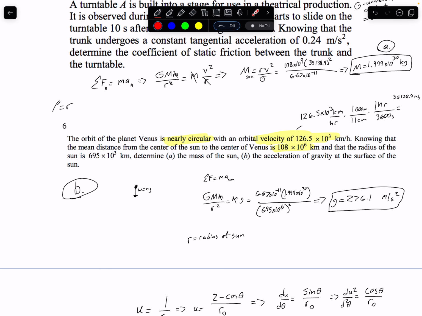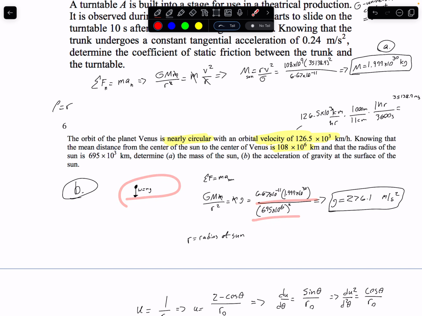And then the acceleration of gravity at the surface of the sun. Again, we know masses are going to cancel, and since it literally says we're looking for the acceleration of gravity, we're just putting it as g, and this means that the radius is equal to the radius of the sun itself. Again, we could have saved GM there, but everything we know is just plug and chug.